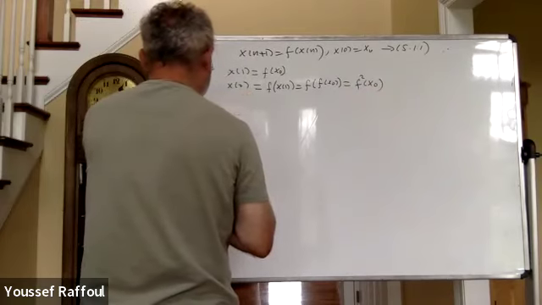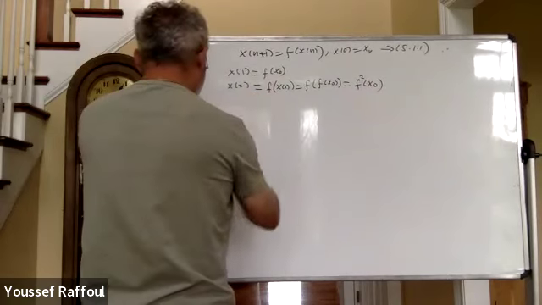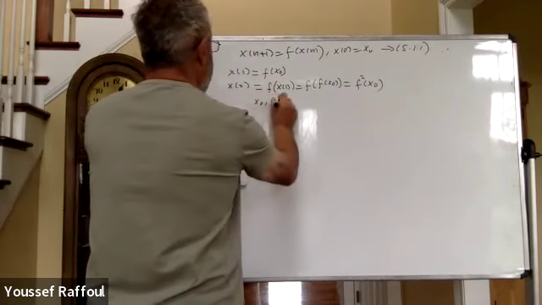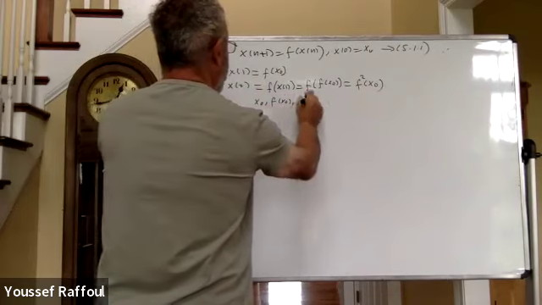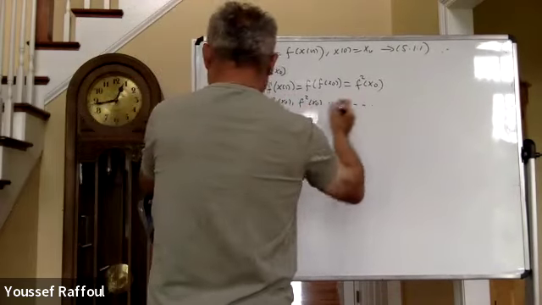so if I keep going, then I will have x_0, f(x_0), f squared of x_0, and so forth.